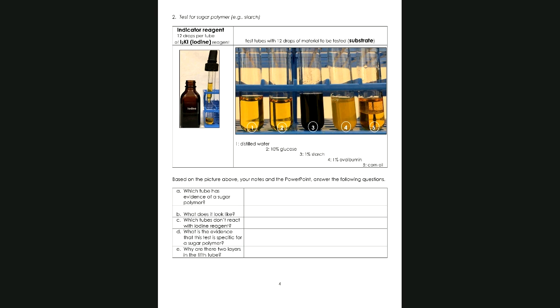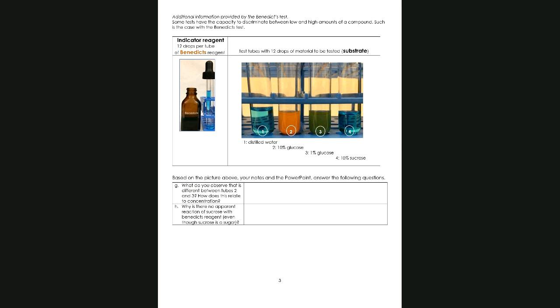The next test, actually, let's look at this one first. This is the same test, the Benedict's test again, but it's looking more at the specificity and the amount of glucose that's in there. So we talked about the fact that sucrose was not a reducing sugar. It's a sugar, but it's not a reducing sugar.